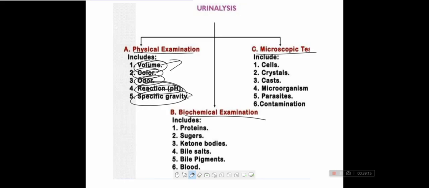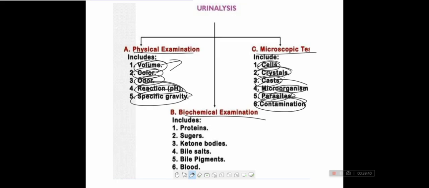Volume means how much water you drink and how much water is excreted by the body. Color of the urine, odor, these are the physical examination. In the microscopic test, we examine the urine under the microscope to see the cells, crystals, casts, microorganisms, parasites, and contamination.